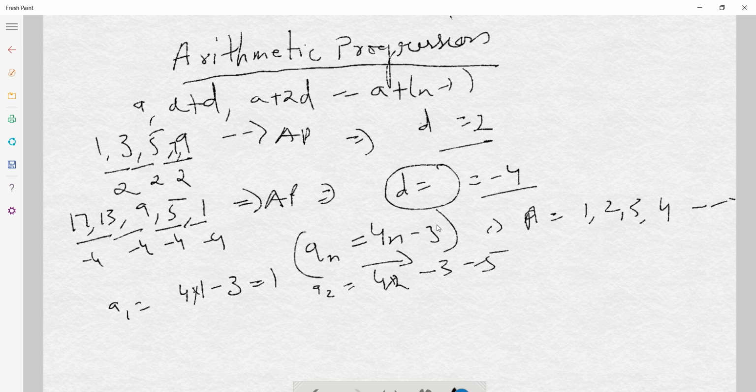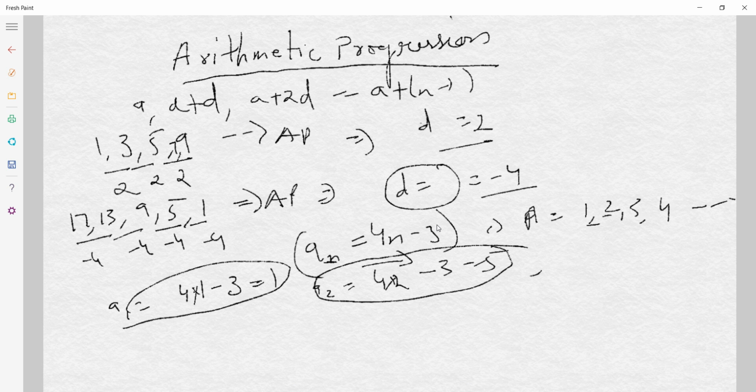So what I'm doing is substituting n with 1 and 2. When you substitute n with 1, you get 1. When you substitute n with 2, you get the value of 5. And now you substitute n with 3, and you get 4 times 3 minus 3, that is 12 minus 3, equal to 9.